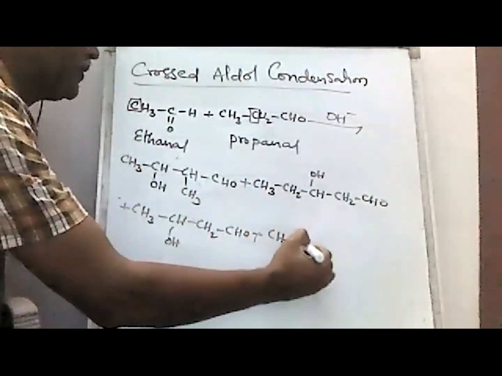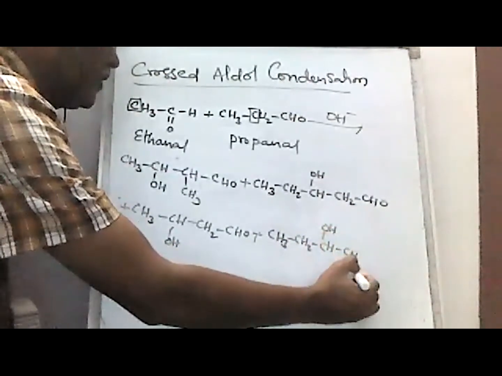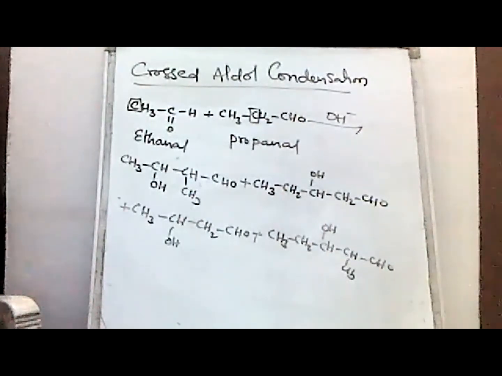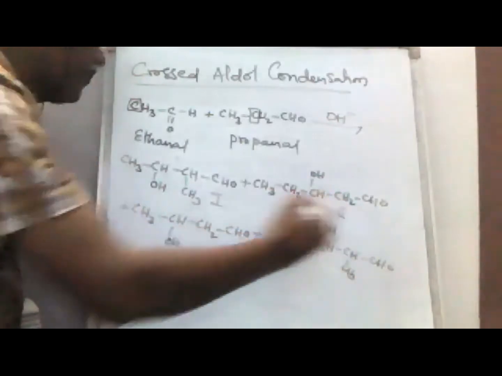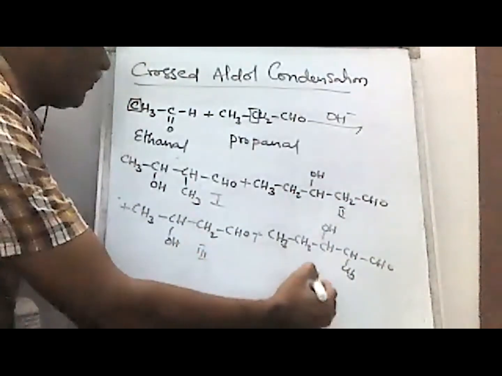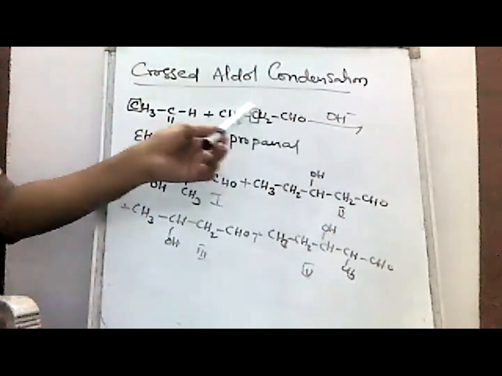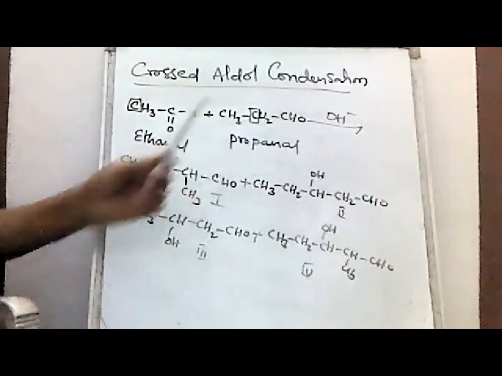Why are four different products formed? Because both aldehydes have alpha hydrogen.